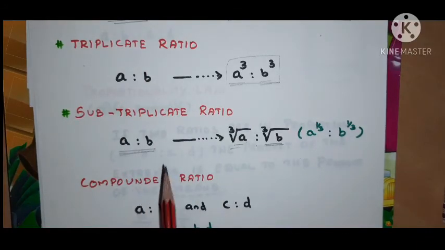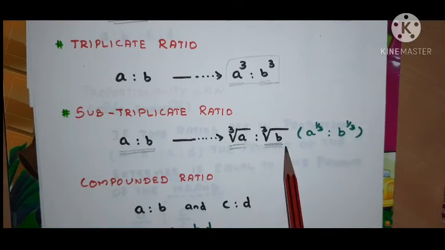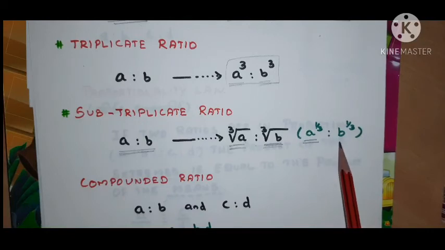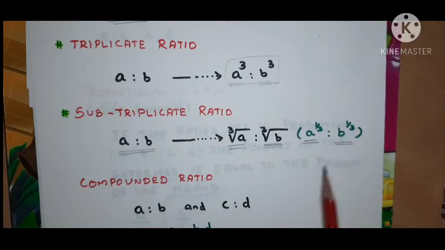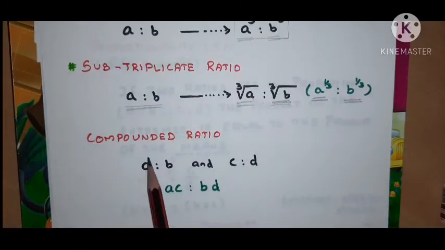In sub-triplicate ratio, we have to find the cube root. Anyway, cube root can be expressed in another way, that A power 1 by 3 is to B power 1 by 3. Fine? Right. Next, the final one in the ratio part, called compounded ratio.